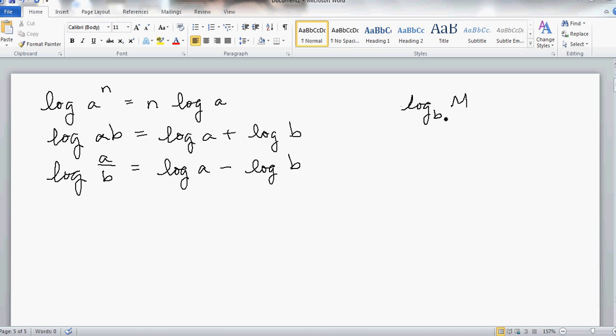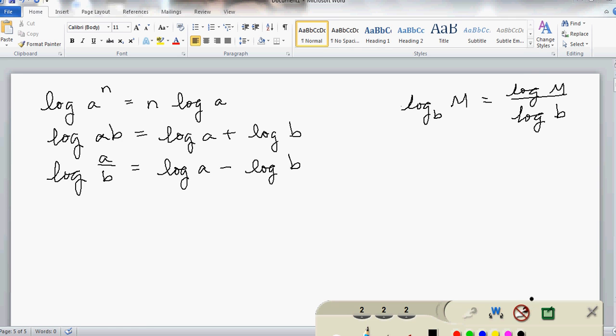Suppose we have log base b of some number m. Then what we're going to do is take the log of m over the log of b, and that will give us what log base b of m is. Now this log here, since we are going to be using the calculator, can either be the common log, log, or the natural log, ln. So either one will work.